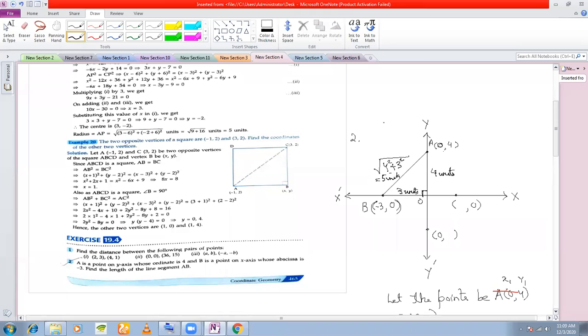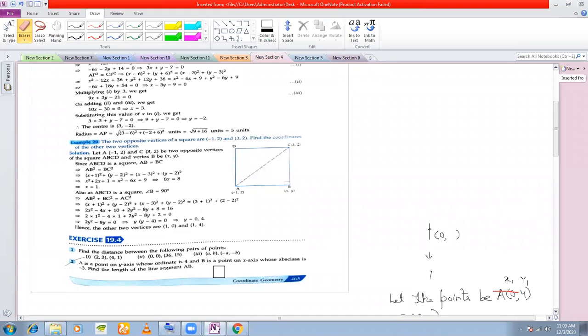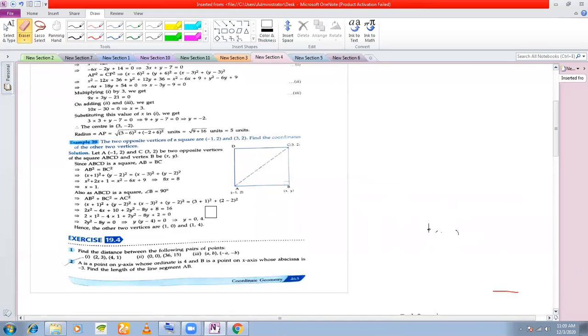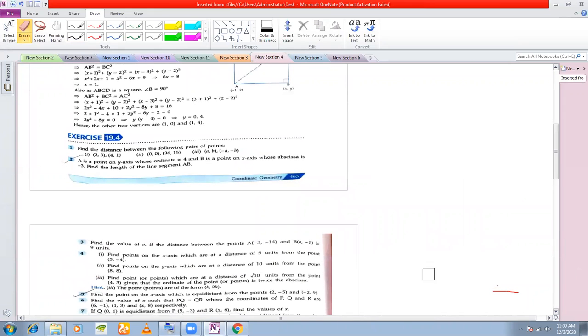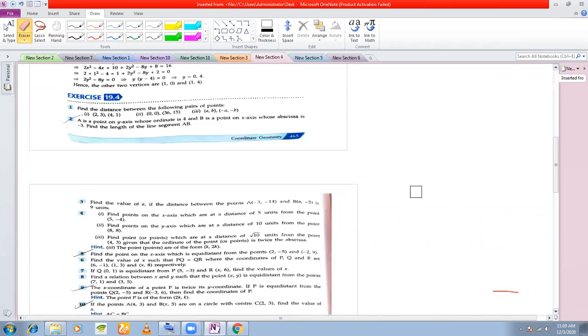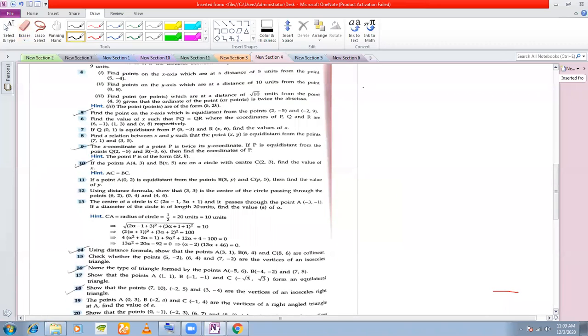Let us see the next one, number 5. Now if you read question number 5, the question states: find the point on the x-axis which is equidistant from the points (2, -5) and (-2, 9).